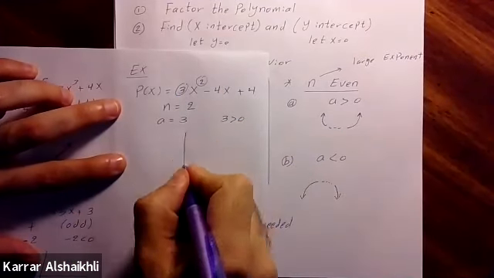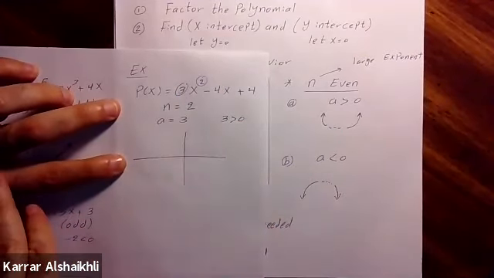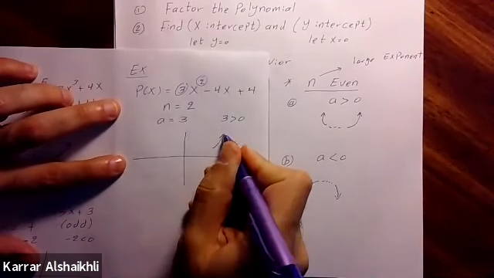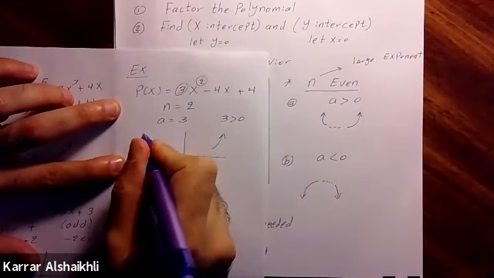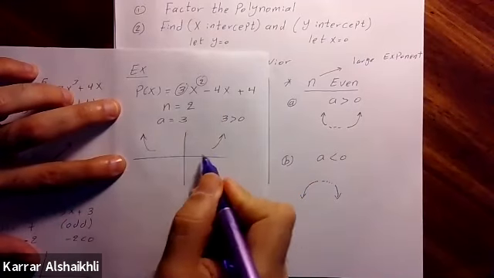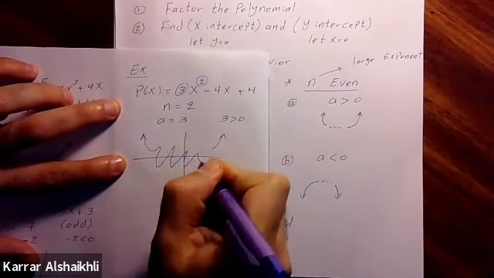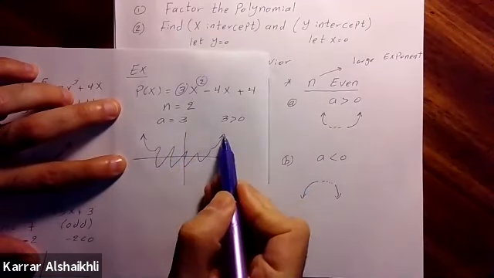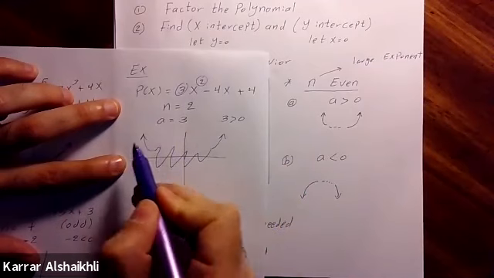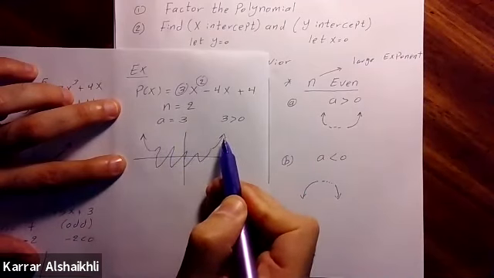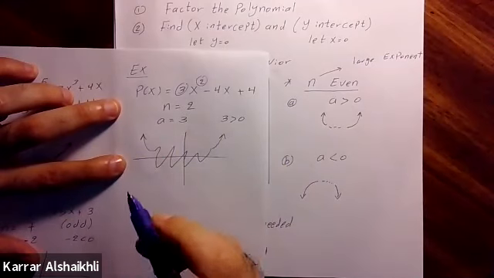That means when I graph the function, the end behavior for my function is this side goes up, and also this side goes up. I'm not going to care about the inside. Maybe it's going to be like this. The main thing, the end sides for my function go up on both sides.